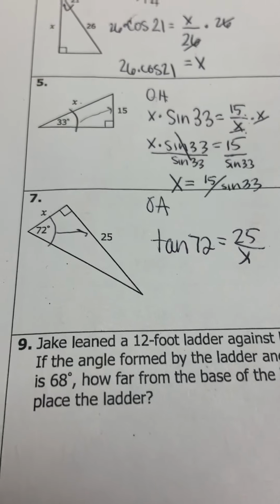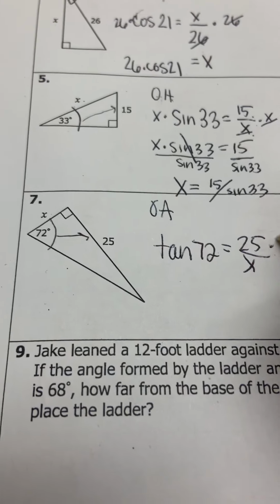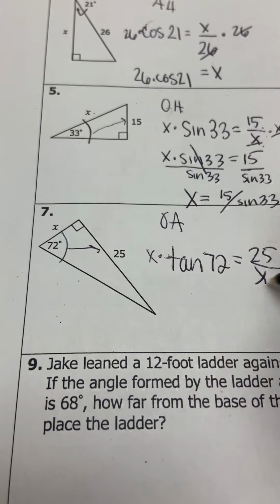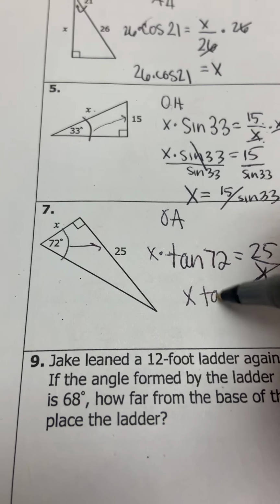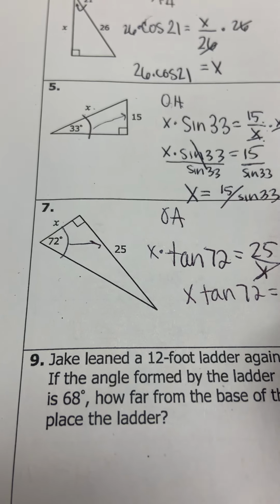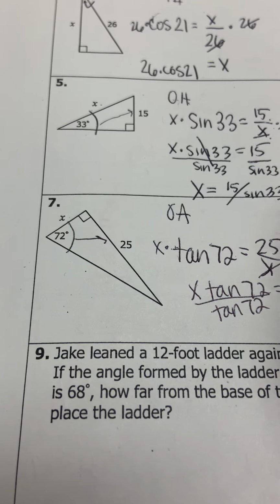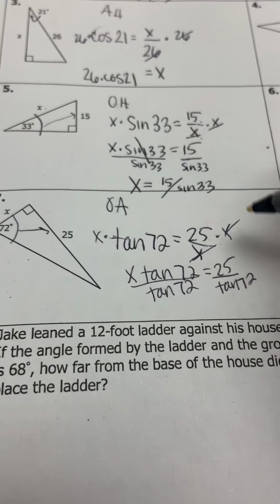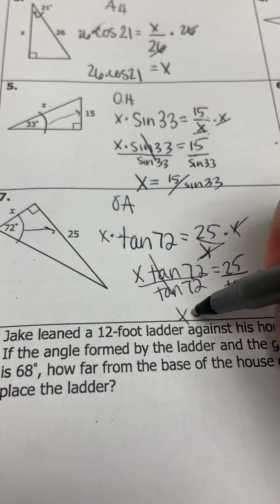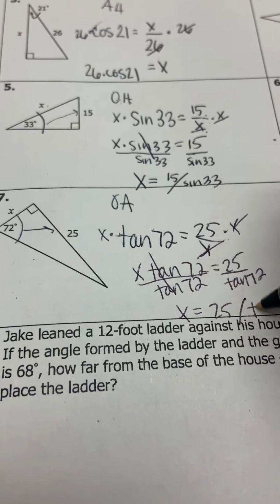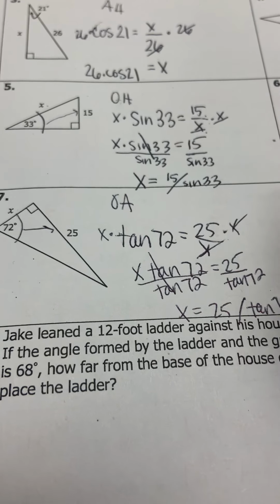So all these change just a little bit. Multiply by x. x tangent of 72 equals 25. And then divide by tangent of 72. So x equals 25 over tangent of 72.